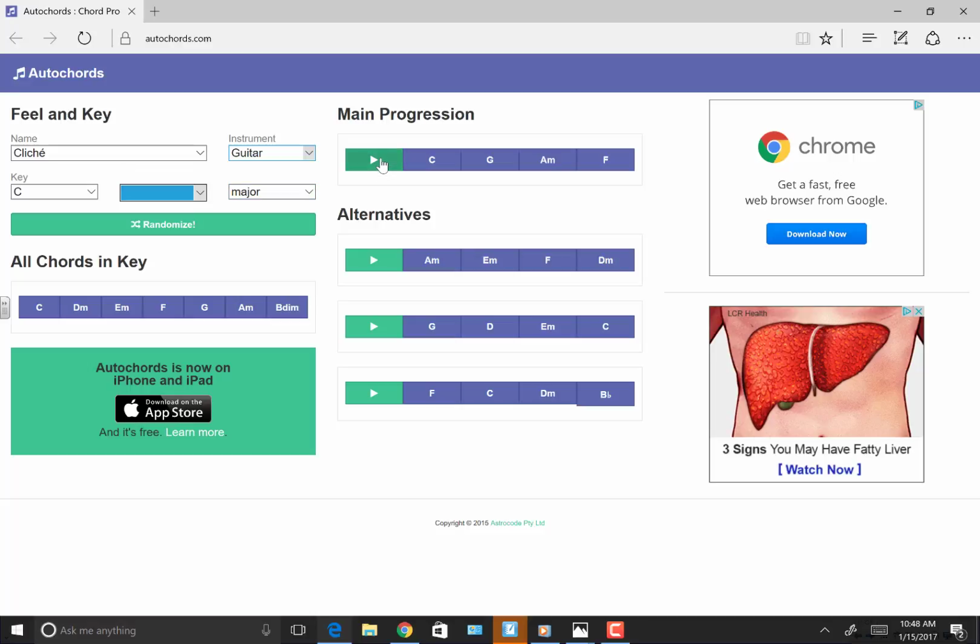So here's our main progression. That's the C chord, the G chord, the A minor chord, and the F major chord. That would be in the key of C, Roman numerals 1, 5, 6, 4. Alternatives.